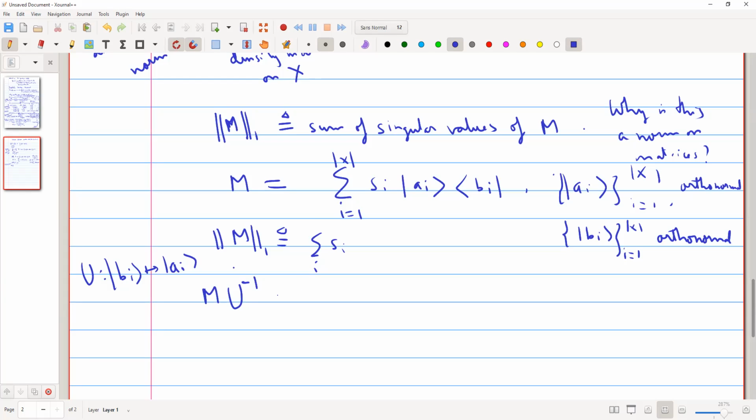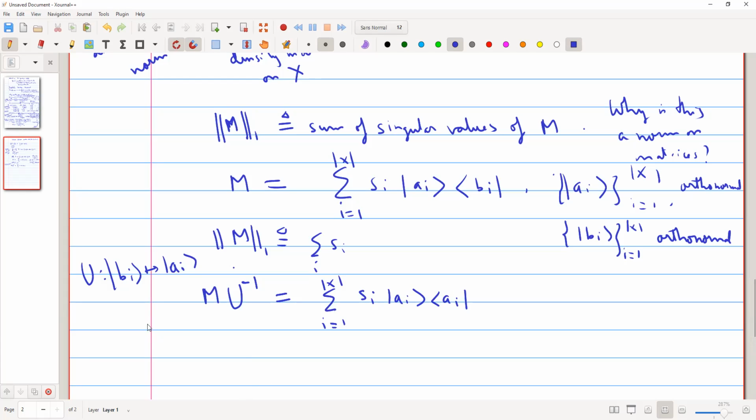It's also a unitary map. So what does this look like? No, not inverse. It's M U inverse instead of M U. Wait. It looks like this, right? No, that's not correct. Let us see why this is.